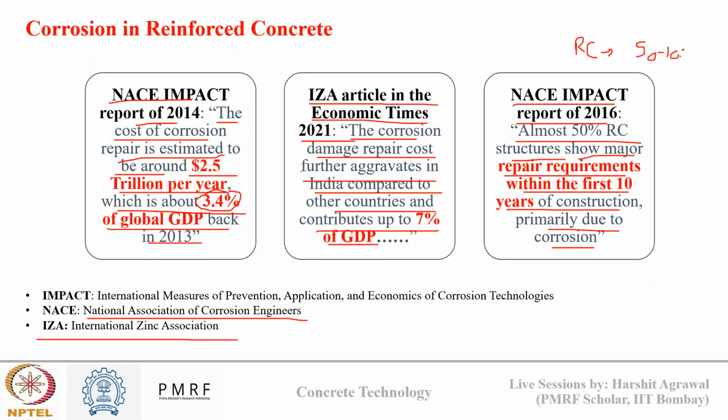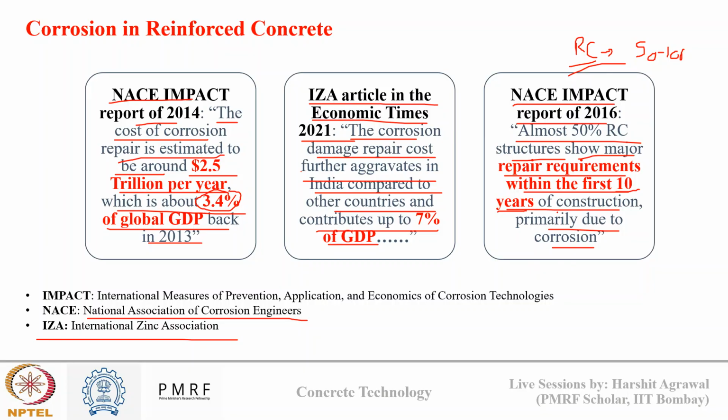However, most of these structures demand repair within the initial 10 years only, and more than 50% of those structures demanding early repair is due to corrosion of the embedded reinforcement. So this is how important it is to talk about corrosion and understand corrosion in a concrete system.